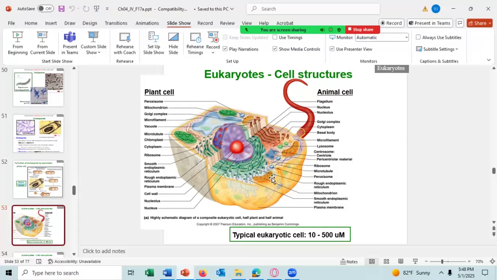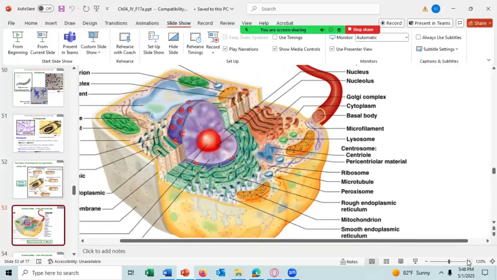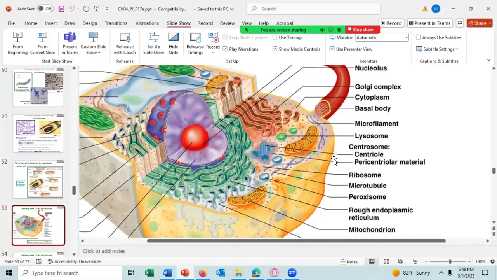One structure found in an animal cell that is not found in the plant cell is the centrosome composed of a centriole. So there's the centriole here.